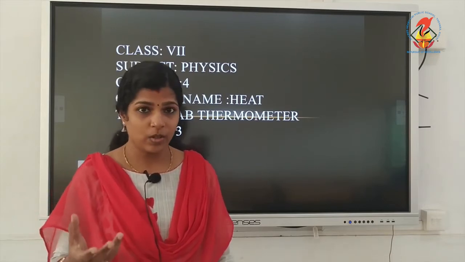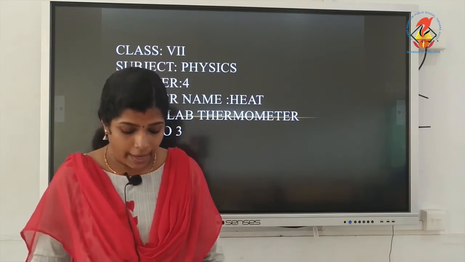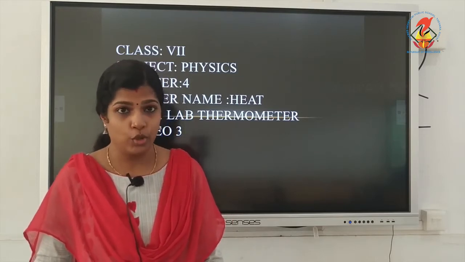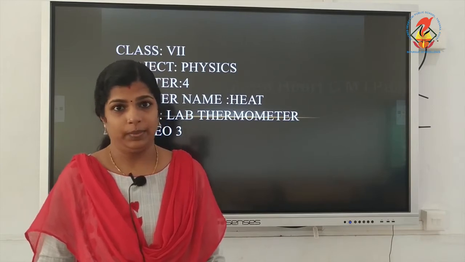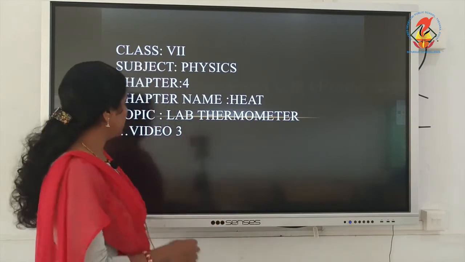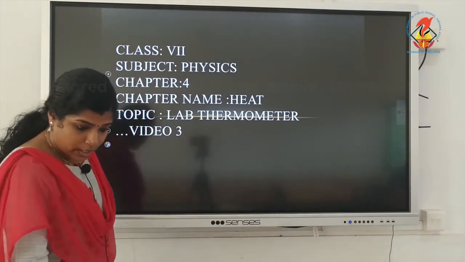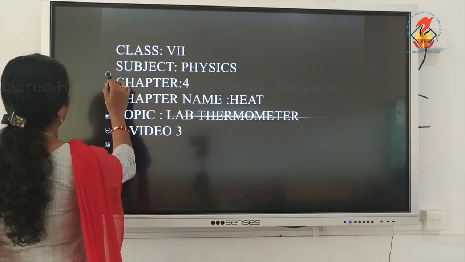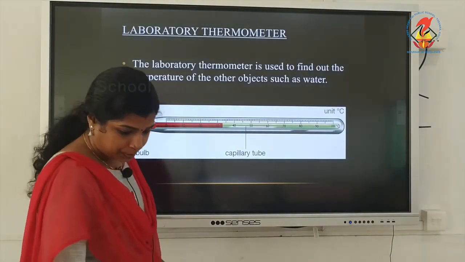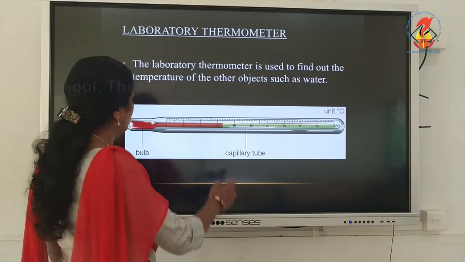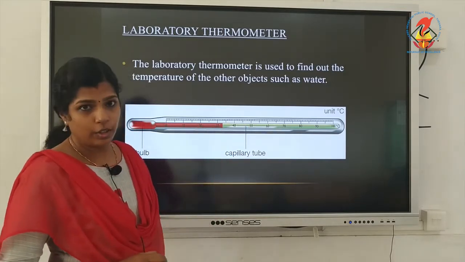As the temperature rises, the mercury in the bulb expands and rises into the thin tube called the stem of the thermometer. As the temperature increases, the mercury will expand and rise into the thin tube, that is known as the stem of the thermometer.